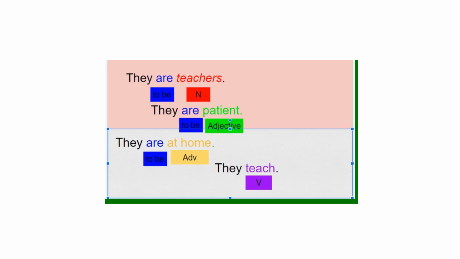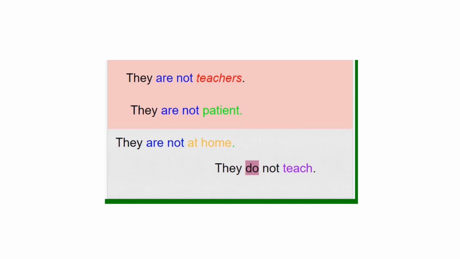Semoga bisa dipahami sampai pada slide ini. Begitu juga ketika berbentuk kalimat negatif. Kali ini pasti kalian sudah bisa mengidentifikasi mana to be-nya. Ya, setelah to be are di sini, kita cukup menambahkan not tanpa merubah apapun.